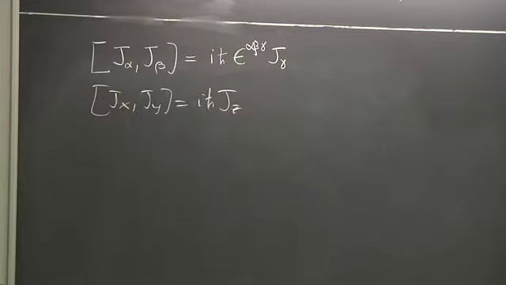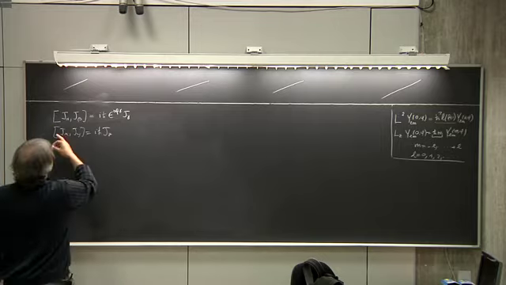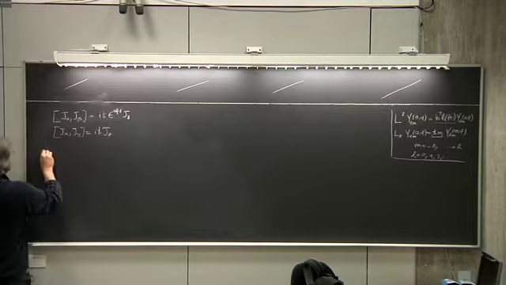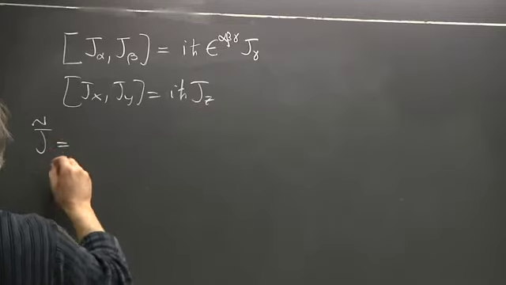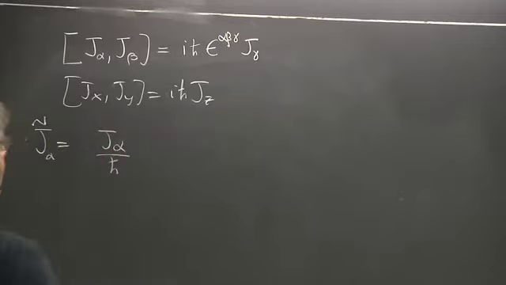But it's a simple mental exercise to deduce that putting h bar to 1 is really nothing but measuring all angular momenta in the natural units of h bar. In other words, if you have these angular momenta and you define J tilde to be J divided by h bar, okay?